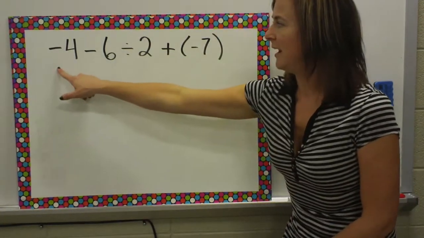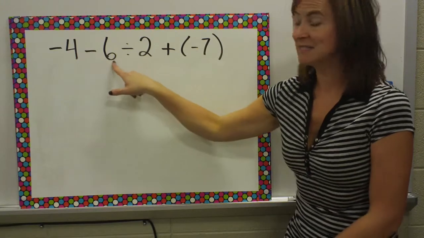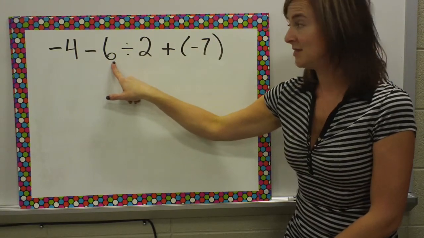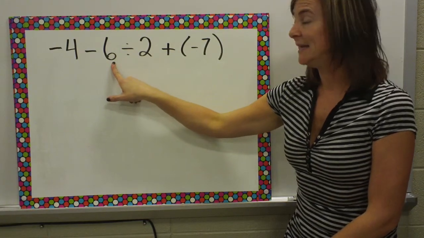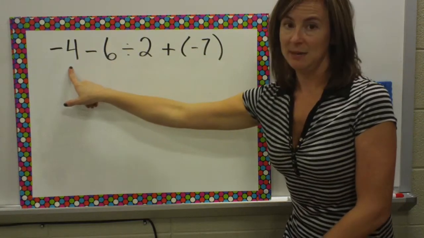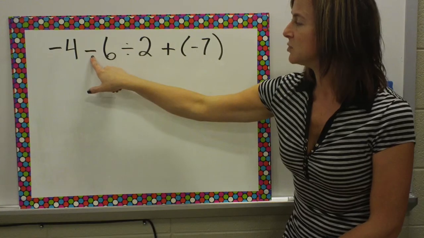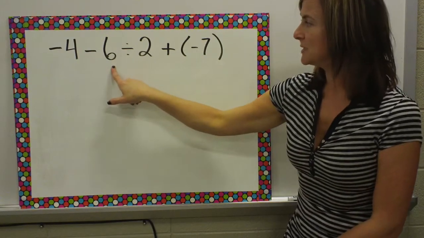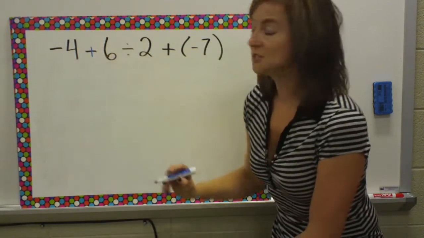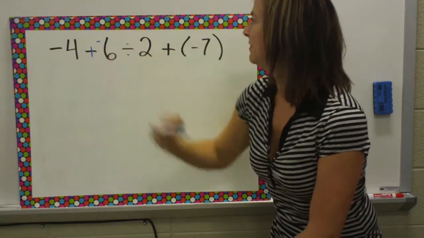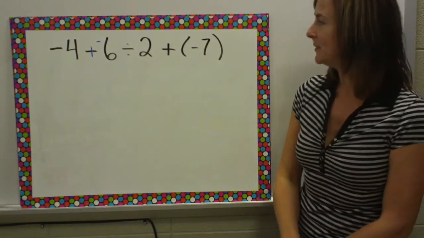So here I have a negative 4 minus 6. I want to rewrite that. So to rewrite that, remember we use the rule keep, flip, change. I keep this number, I flip the subtraction, and I change to its opposite. So I add the opposite. So I'm going to make this into an addition sign, and this becomes a negative integer.